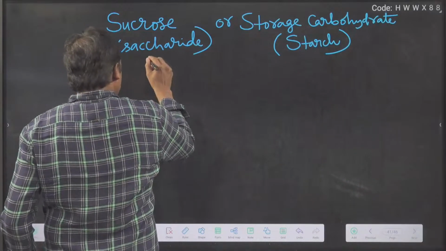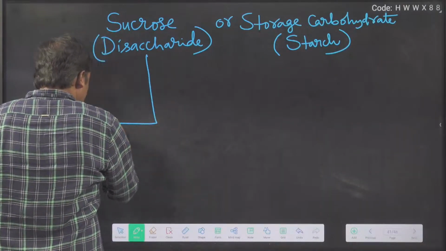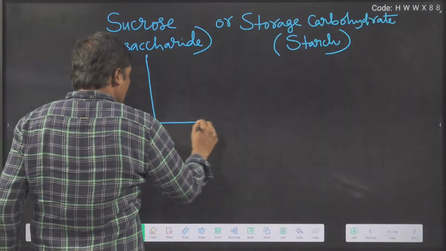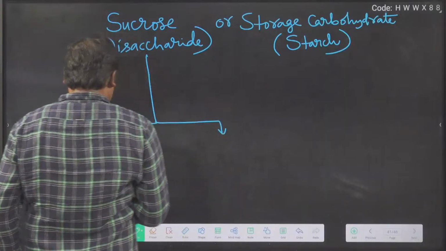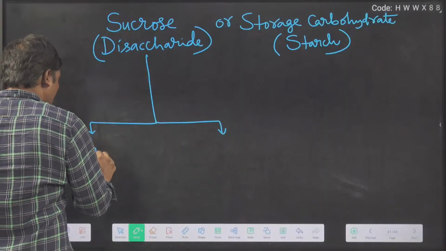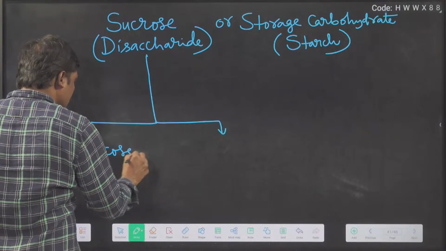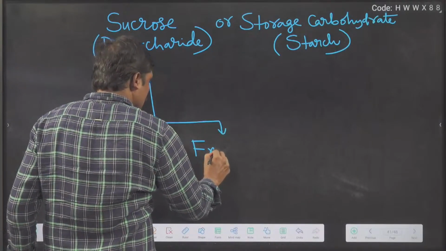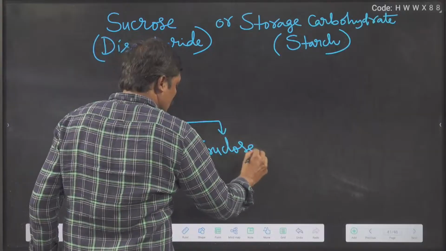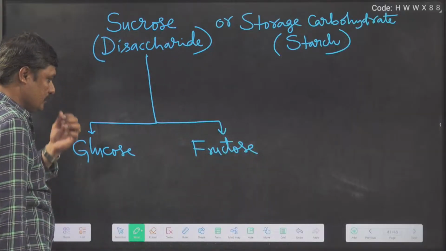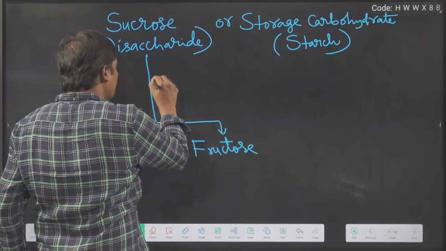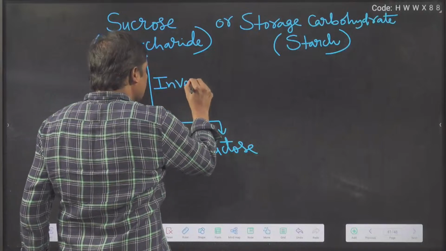Now let us see. This sucrose breaks down into two monosaccharides, namely glucose and fructose, by an enzyme called invertase.